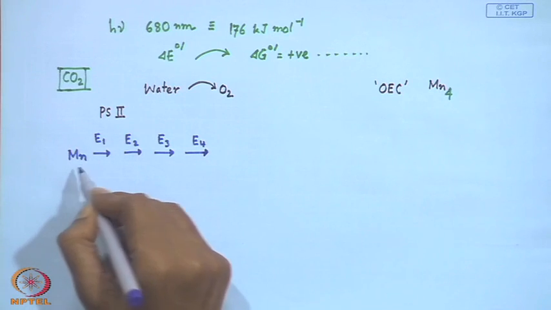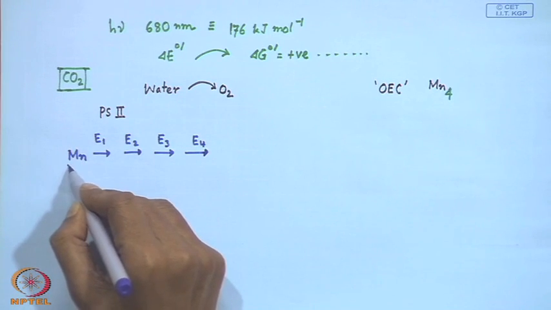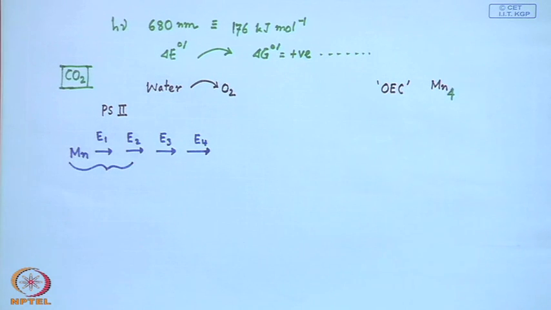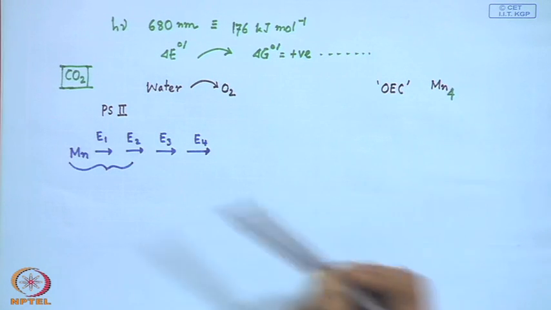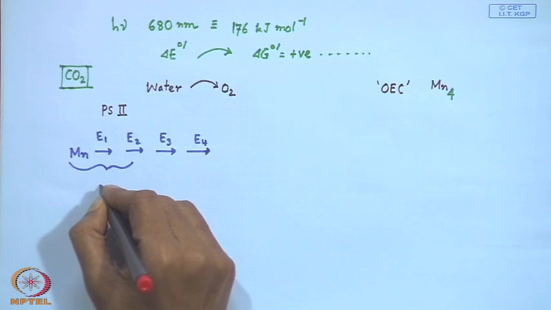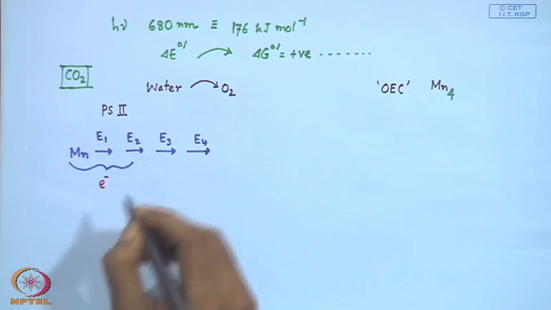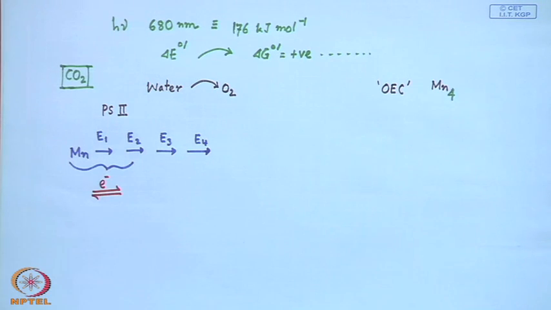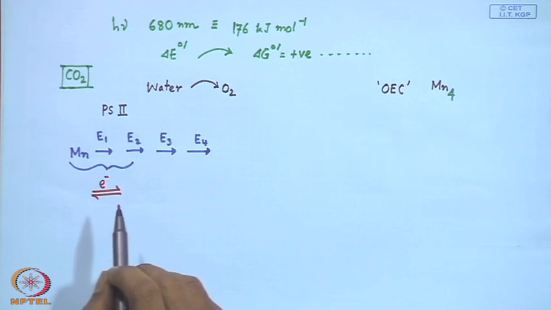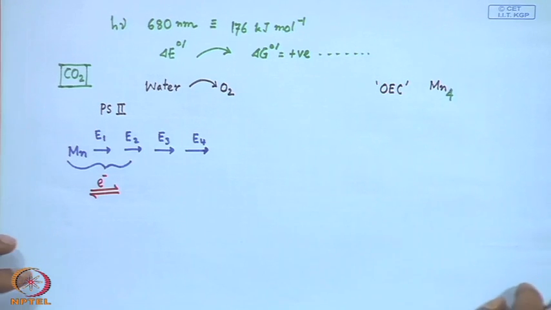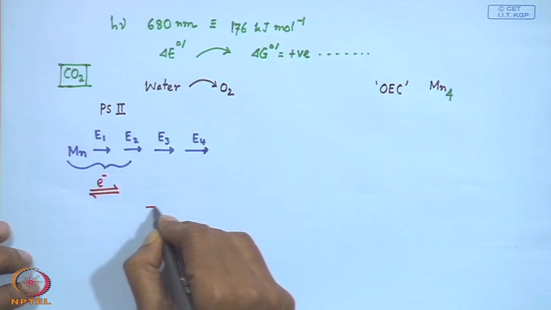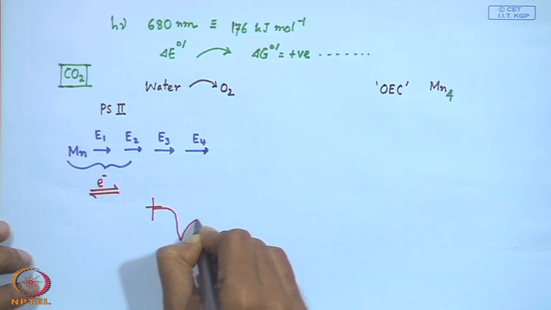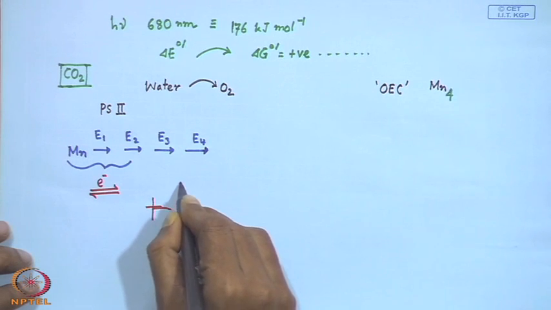So, in most of the cases we find that between these two, that means the first manganese center and its second immediate oxidized form, they are interrelated, and we can write the corresponding electron transfer equilibrium with a reversible sign, and these electron transfer properties should always be reversible. That is why we always rely, in biological systems also, on the corresponding measurements using cyclic voltammetry.